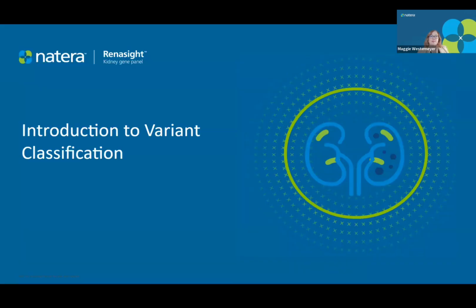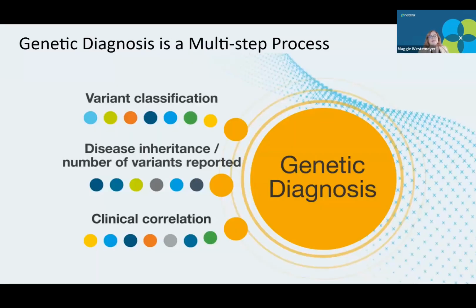In this first portion, I'll introduce you to some information about genetic variant classification. I want to remind everyone that a genetic diagnosis is a multi-step process that includes laboratory testing where we identify gene variants, which we used to call mutations, and use the term variants currently. That process is where the laboratory identifies and classifies those variants and gives you a report.